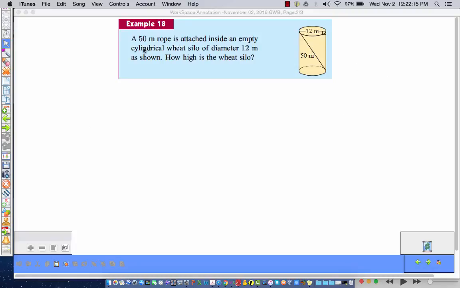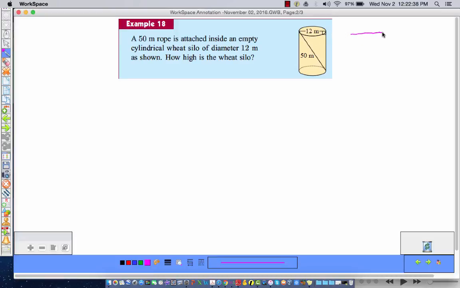We have a cylinder. A 50-meter rope is attached inside an empty cylindrical wheat silo of diameter 12 meters as shown. How high is the wheat silo? All right, well, if you just cut out a slice of the silo, the cylinder, hopefully you can see you got yourself a right triangle here.